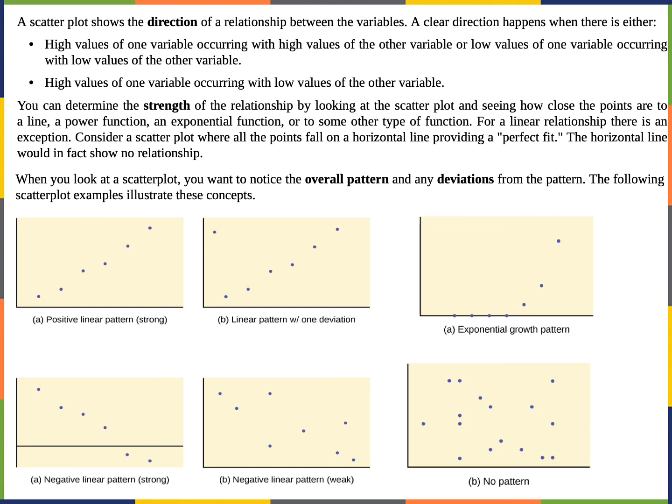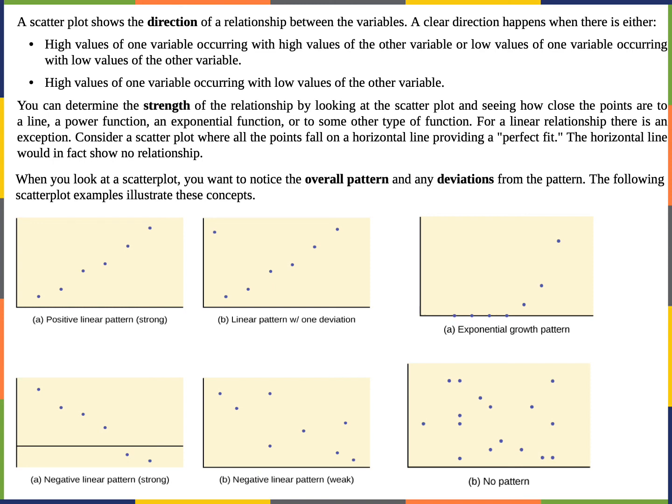There's some stuff that I still look at that's very interesting. For a linear relationship, however, there is an exception. The only exception would be if all the points fall on a horizontal line, then that would show no relationship.